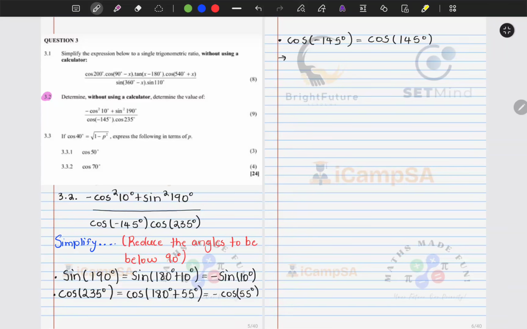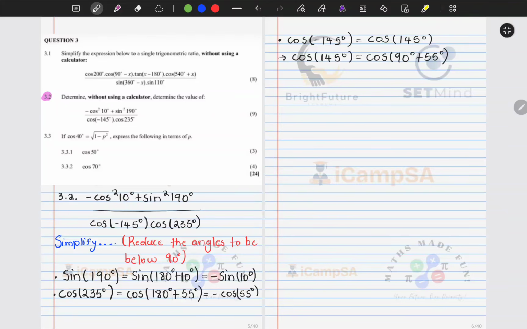Now if we look at cos of 145, you will see that this is the same as cos of 180 degrees minus 35 degrees. Or alternatively, we could have said this is the same as cos of 90 degrees plus something. If you do 145 minus 90, you will see that the angle you get ends up being 55.